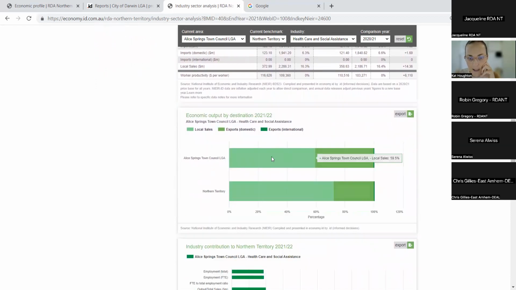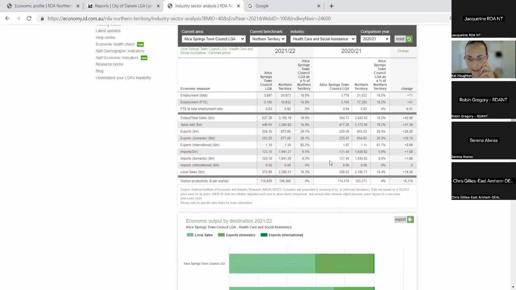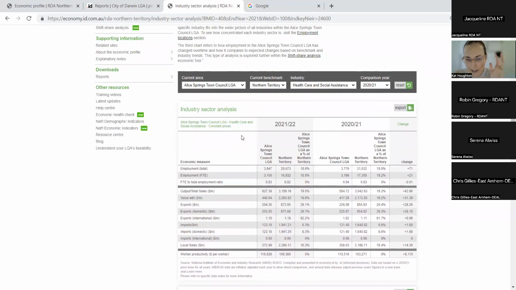And we can come down here and see our economic output by destination. It's mainly locals, followed by domestic, so others coming in from around the region accessing the services. So we can start to have a look at what's happening in our healthcare sector.